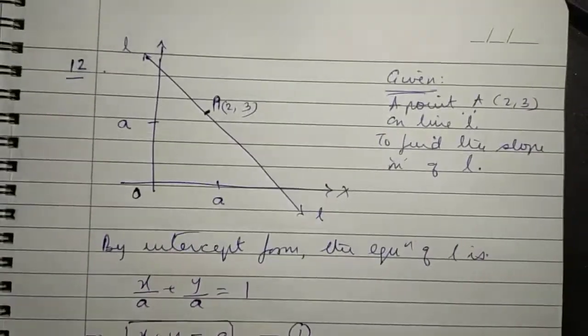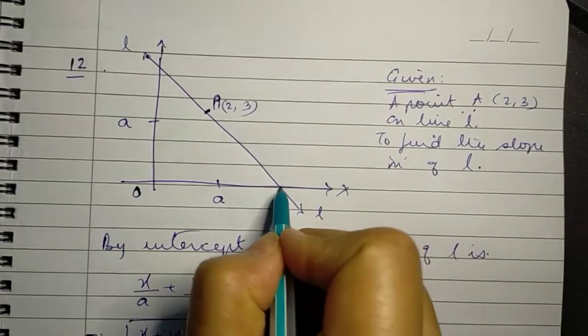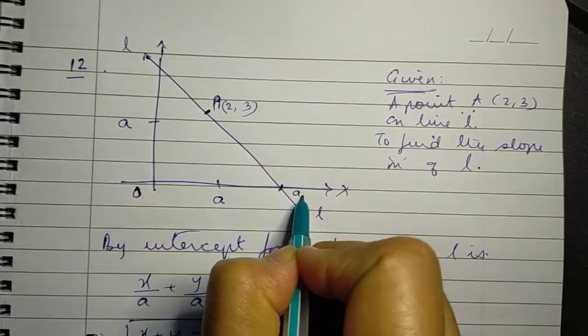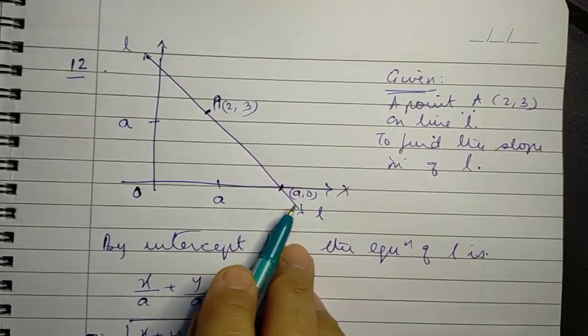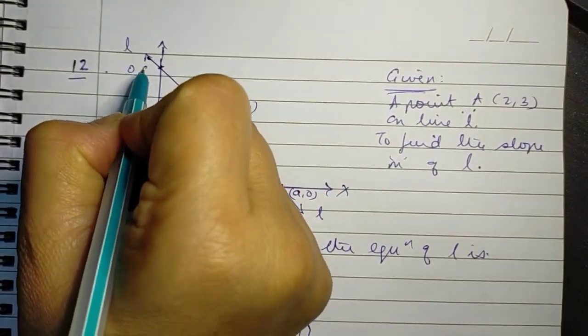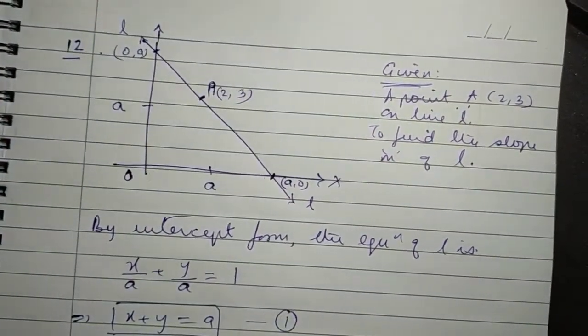Another way of doing it is that we could have taken this as, since it makes an intercept A, the coordinates would be a comma 0, and here also the coordinates would be 0 comma a.